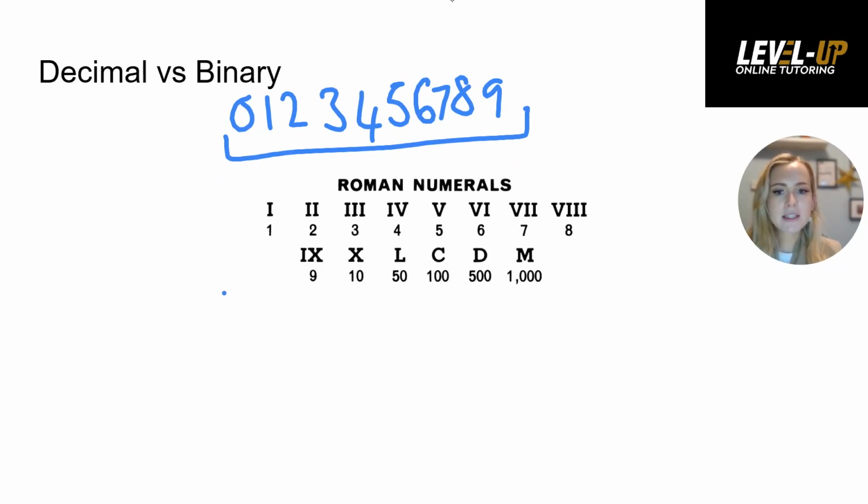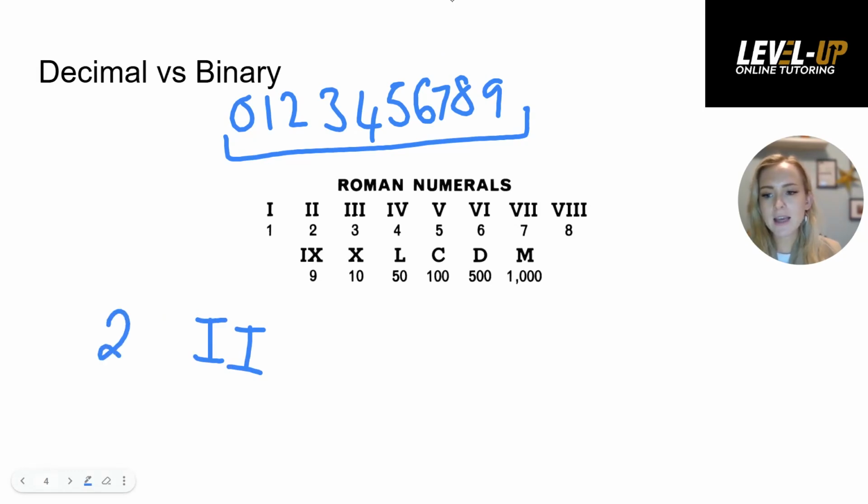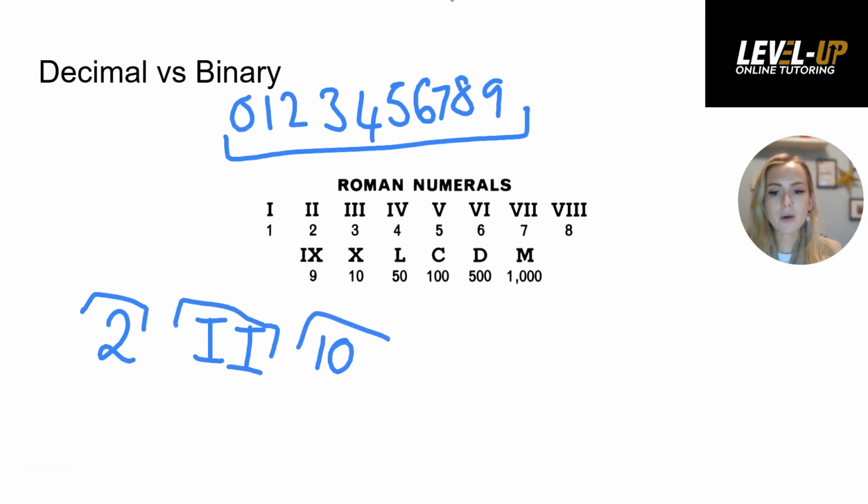However, if I was writing in Roman numerals, writing the number 2 would look a lot like this. That is the same as writing this symbol, and if we're writing in binary to represent the number 2, it would be 1, 0. So all of these are just different number systems. It's really important that you understand that to be able to convert between the two.